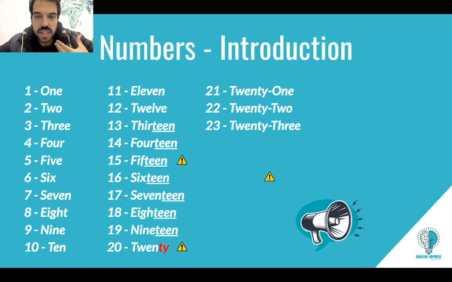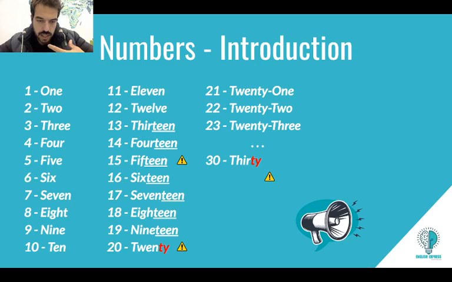So 23, 24, 25, 26, 27, 28, 29, and then we're going to have 30. So all the numbers after 20, they're going to have the number that is in front.